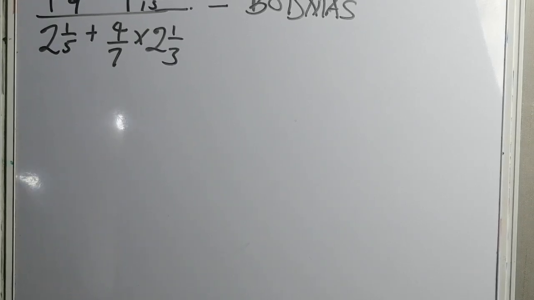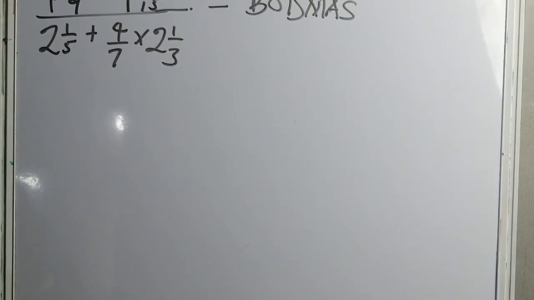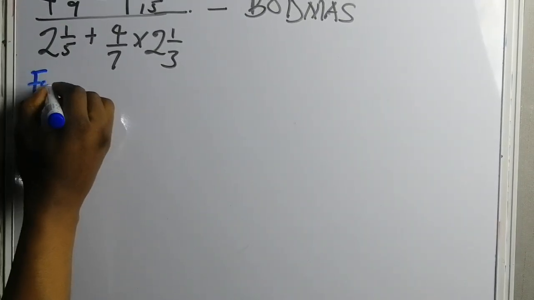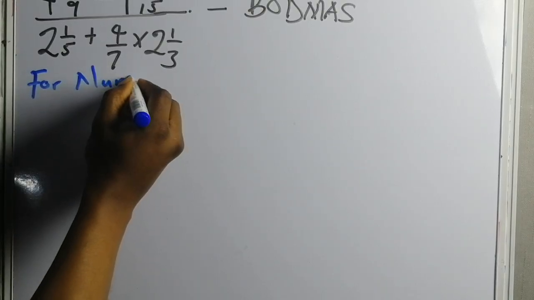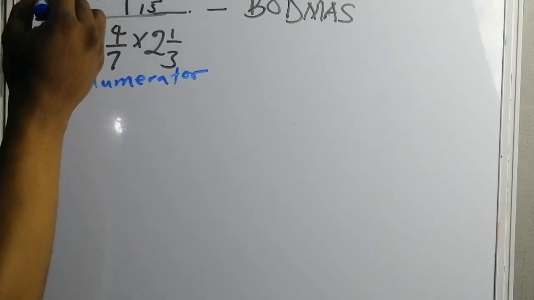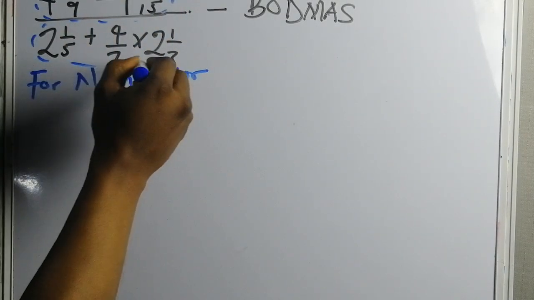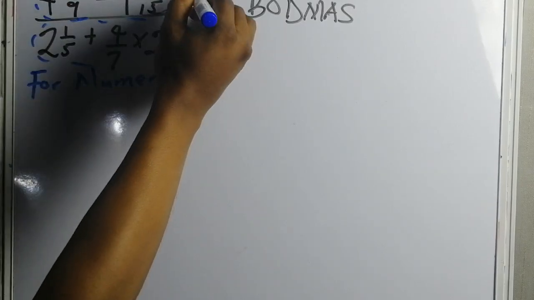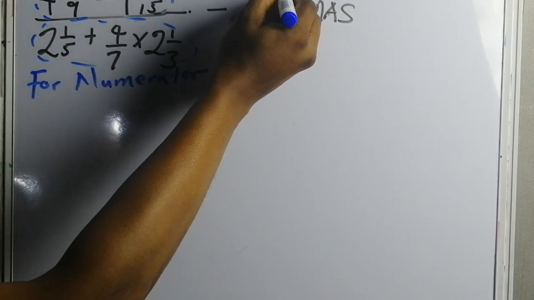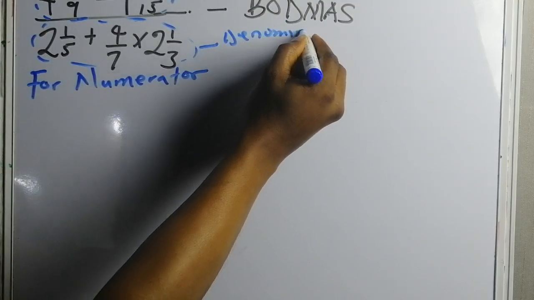So here we can now say, for the numerator, and we all know that this is the numerator and this one is the denominator, as mentioned when I was introducing fractions.